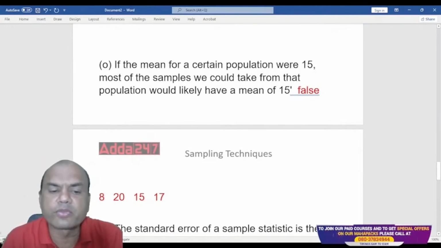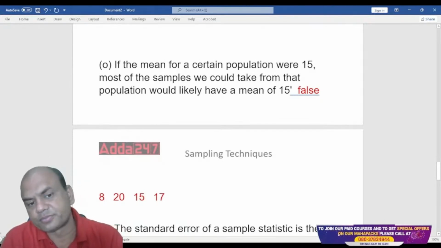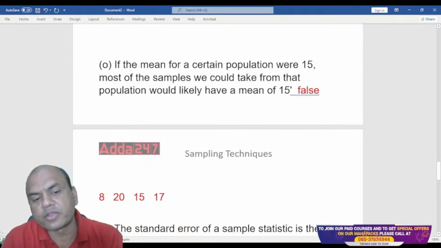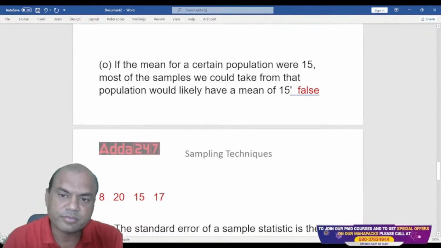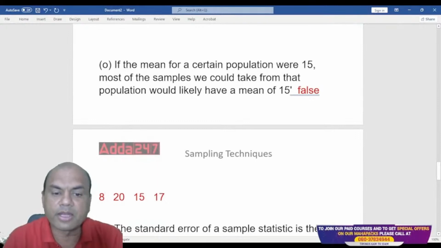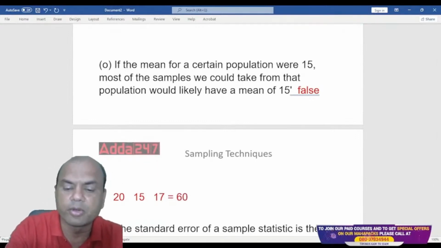Suppose I got these 4 salaries, 8,000, 20,000, 15,000 and 17,000. Now you add all these. 20 plus 8 is 28, plus 15 is 43, plus 17 is 60. So the total is 60. Do the average upon 4.